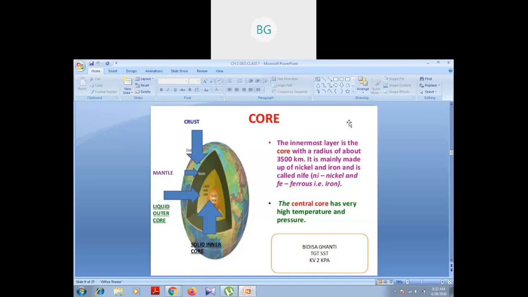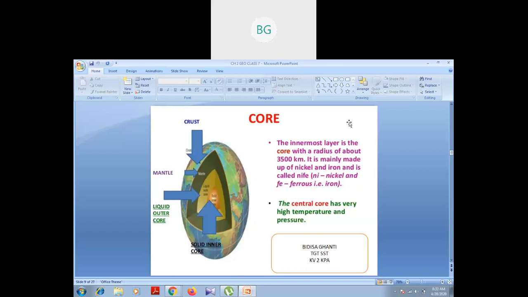Ni denotes nickel, Fe denotes ferrous. Ferrous means iron. So the core is generally made of two minerals, nickel and iron, and that's why it's known as NIFE.